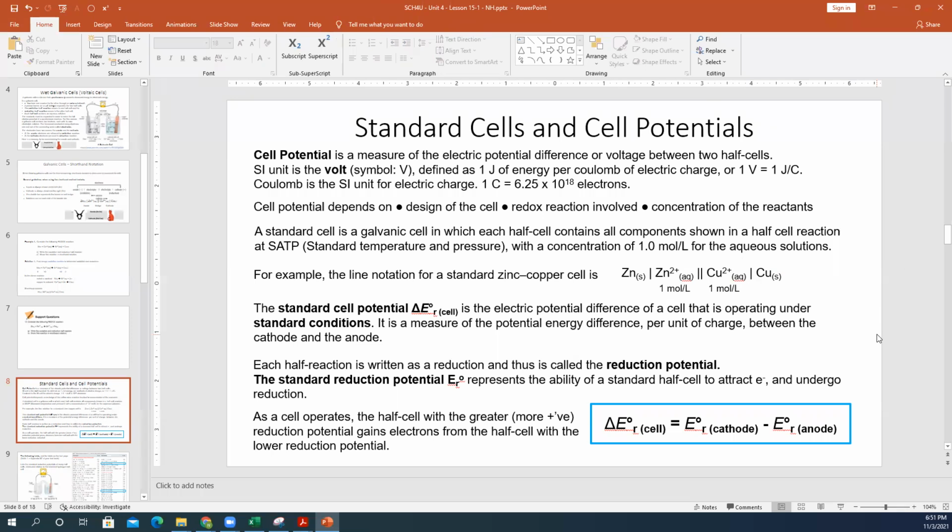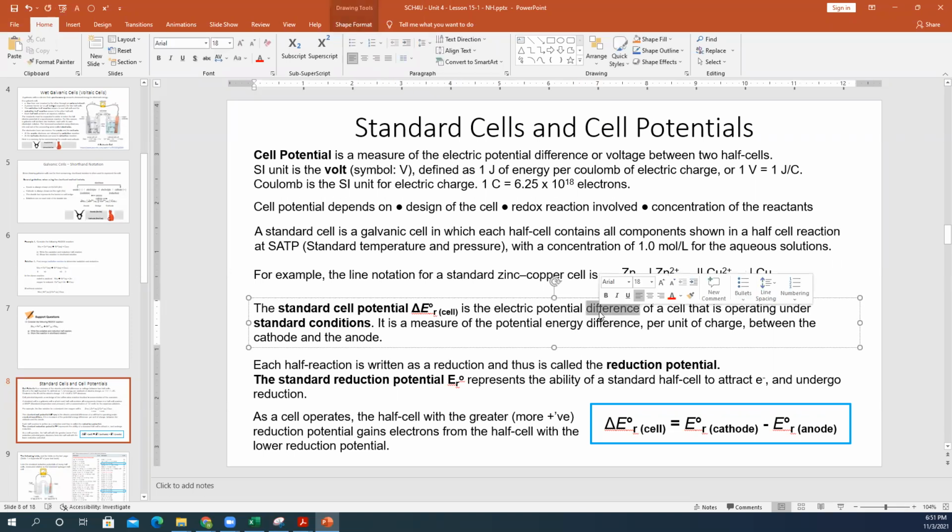So the standard cell potential, which is written as delta E naught R of the cell, is the electric potential difference, and it's a difference, so therefore there's this delta sign here.